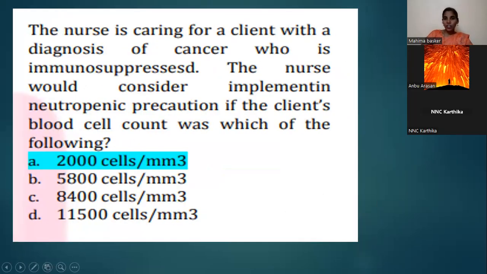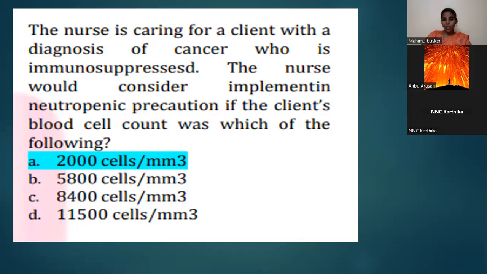Here I have given you the answer because these are new topics. The nurse caring for a client with a diagnosis of cancer who is immunosuppressed is implementing neutropenic precautions. The client's blood cell count was which of the following? Neutropenic precaution means low WBC, low neutrophils, an immunocompromised patient.